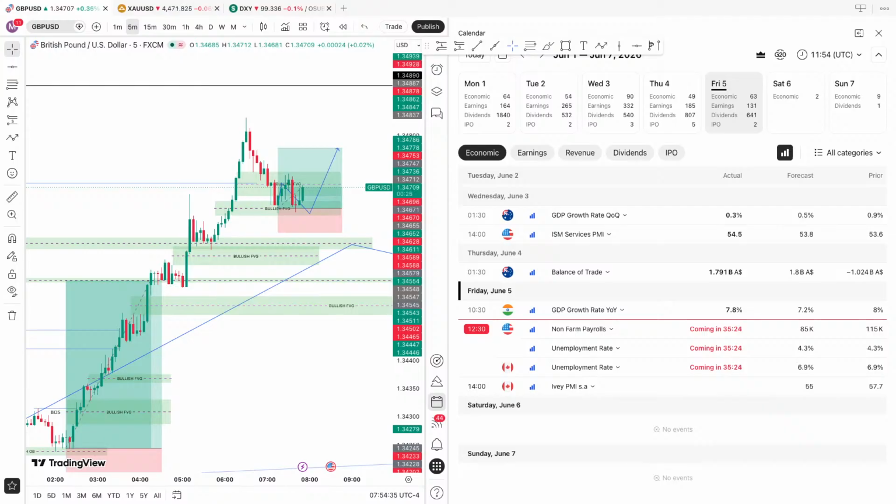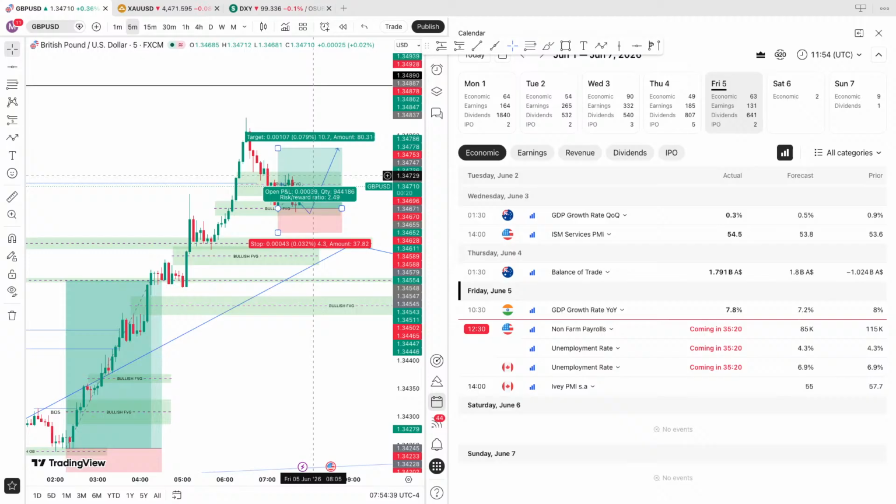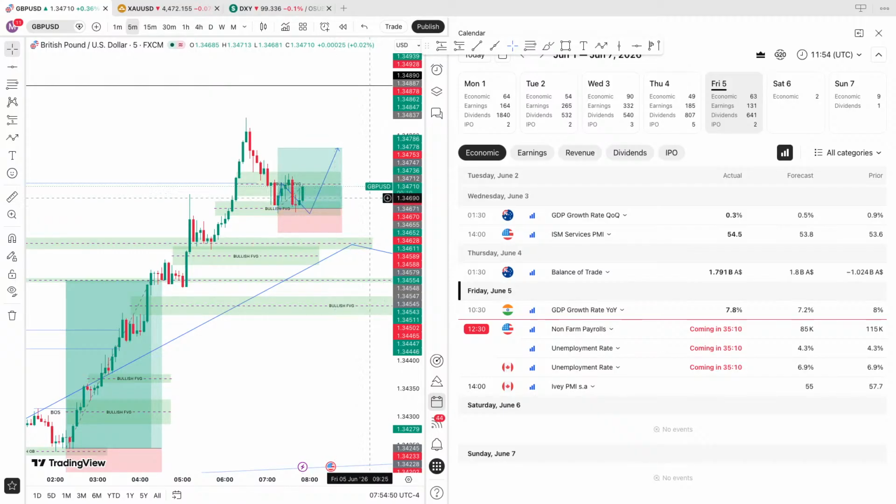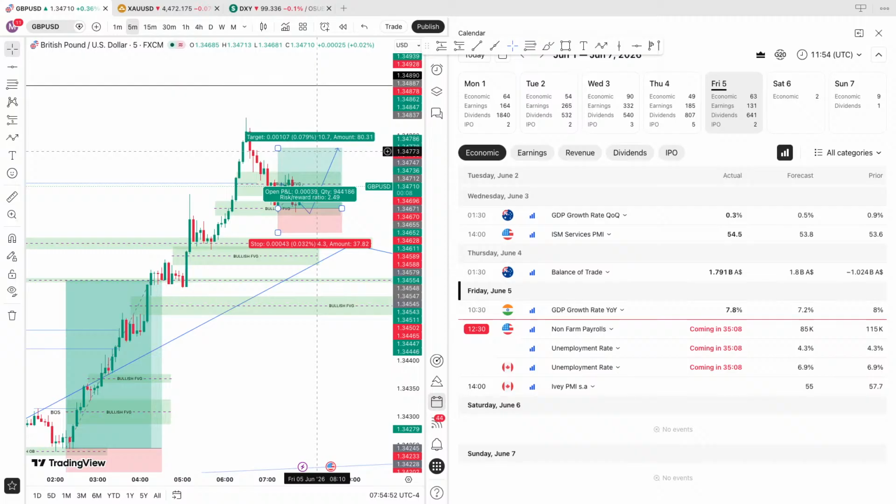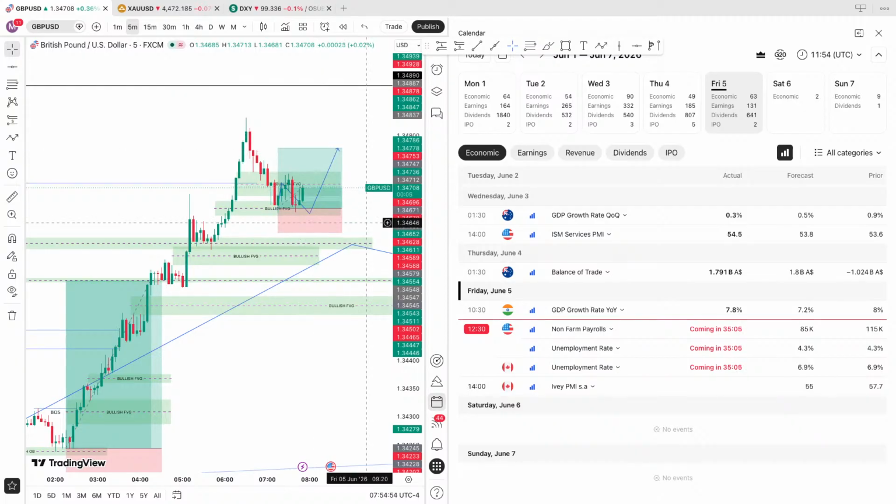If you have 0.2 and you are making a 2.5 risk to reward ratio, so 1 is to 2.5, it should be about $60 up when you hit profit, which makes sense. You don't have to make $1,000, $2,000, $5,000 instantly. No, you need to treat trading as a business.